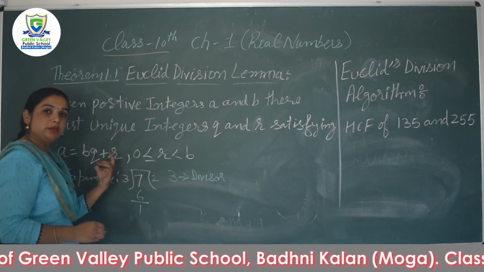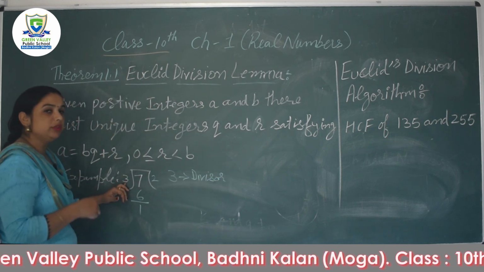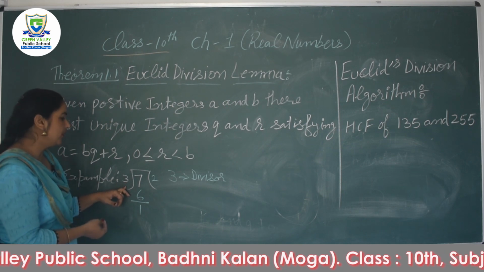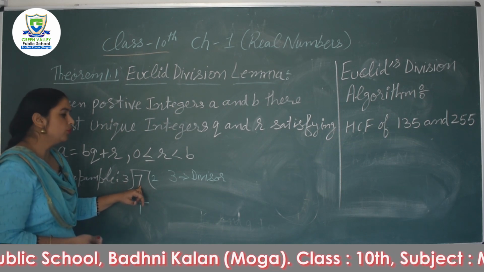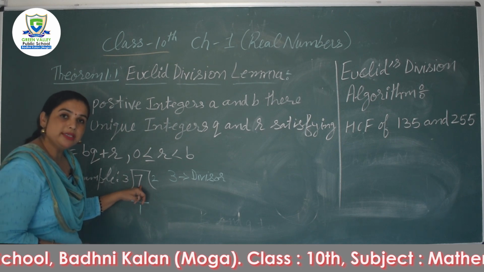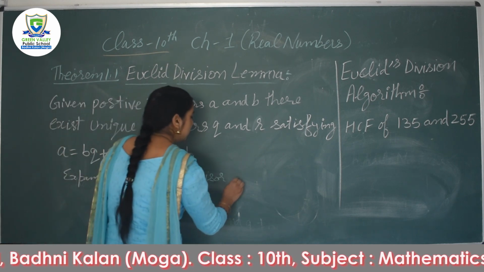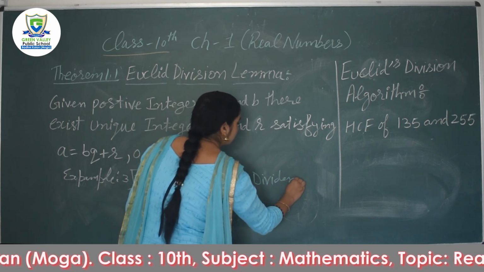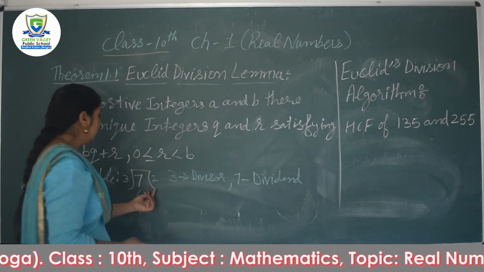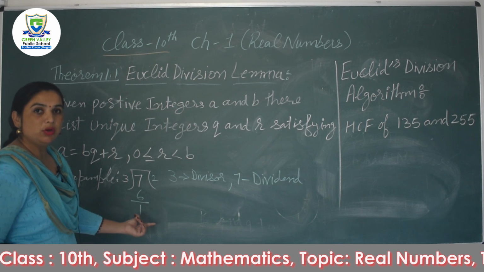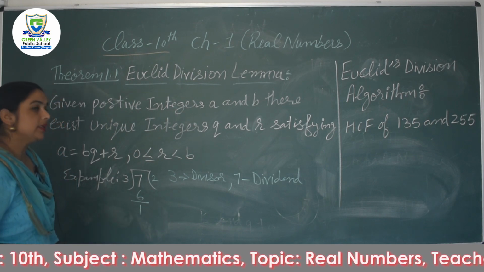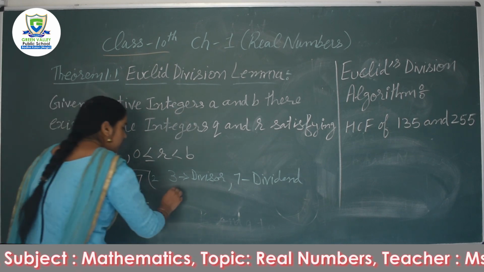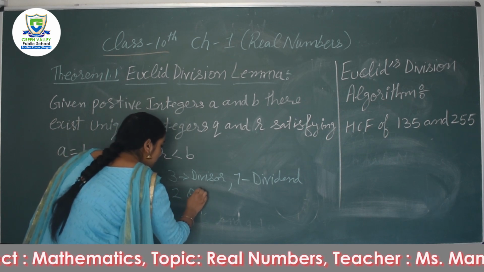This we have learnt in previous classes also: the one by whom we are dividing is called the divisor, and the one which we are dividing is known as the dividend. So 7 is the dividend, and 2, the answer we got after division, is our quotient. 2 is our quotient.